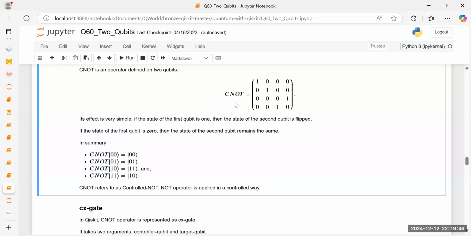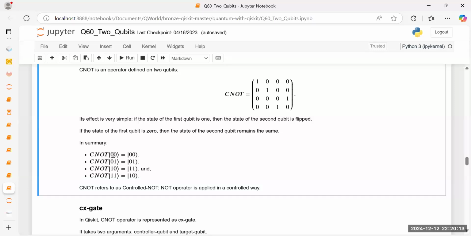So we can't apply the CNOT operator to a single qubit or even 3 qubits. We apply it to 2 qubits. And it works such that one of our qubits is the control qubit, and the other qubit is the target. Here, the first qubit is the control qubit, and the second qubit is the target.